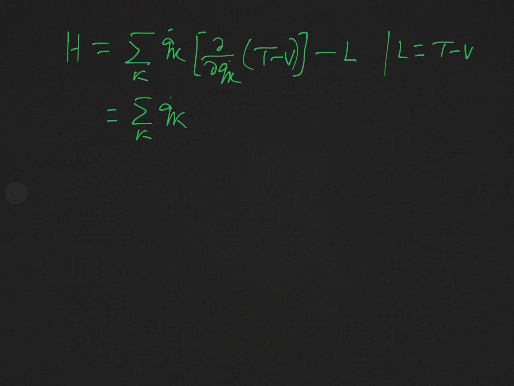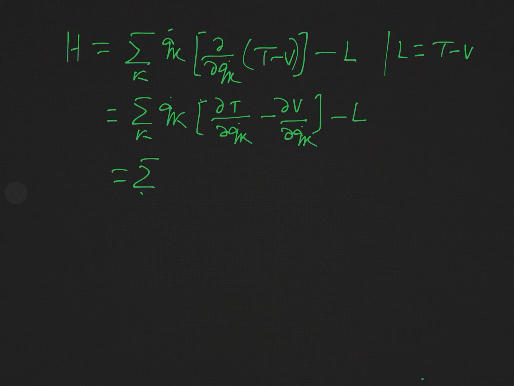This is summation over k q̇k, and we may write it as ∂T/∂q̇k minus ∂V/∂q̇k and minus L. And this equals summation over k q̇k ∂T/∂q̇k minus L. Why?